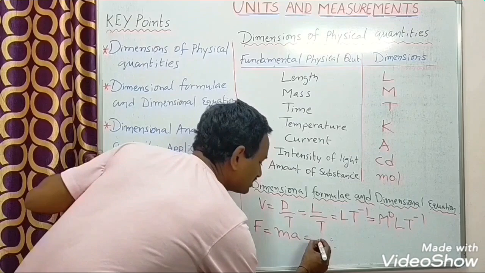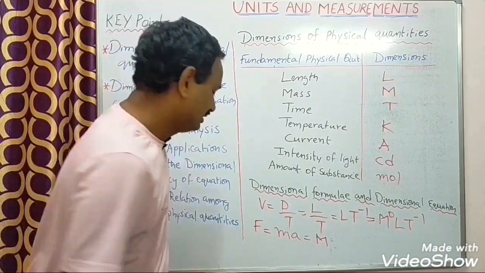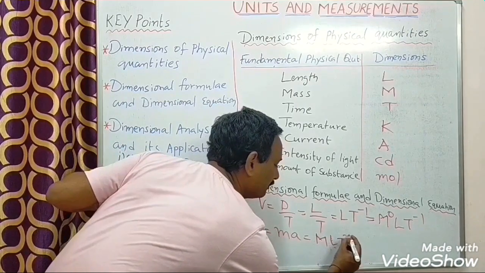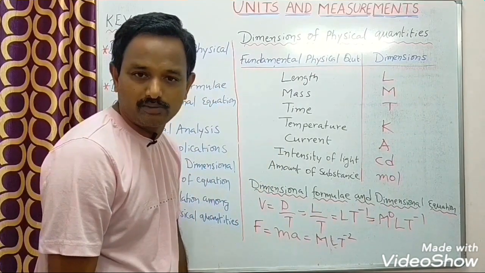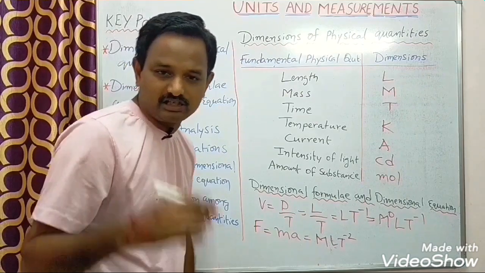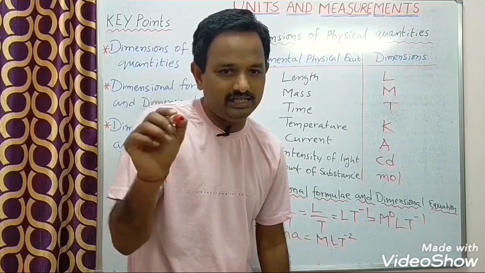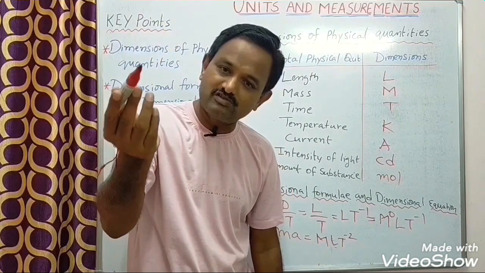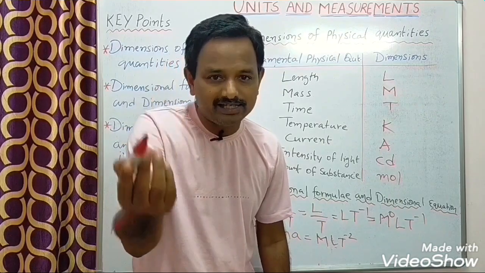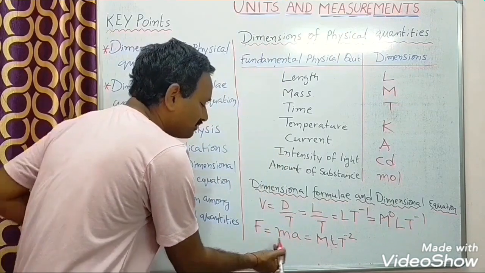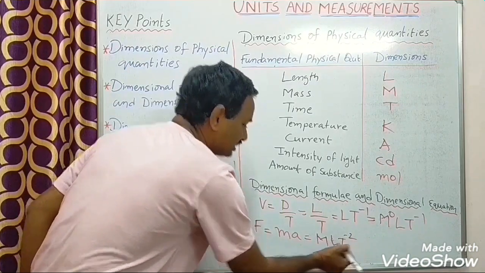For mass, capital M. For acceleration, LT power minus 2. How did I get it? Acceleration means rate of change in velocity. That is V by T. For V, LT power minus 1 by T. So, you will get LT power minus 2. So, for force, I got MLT power minus 2.